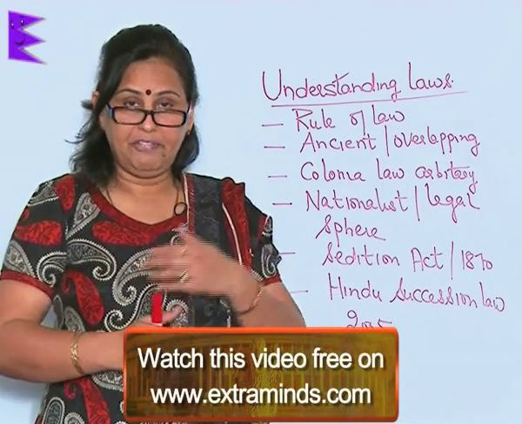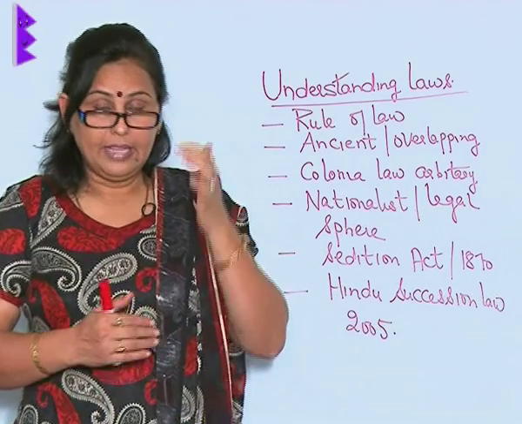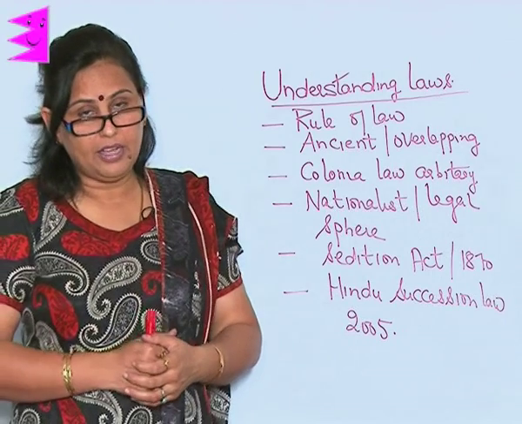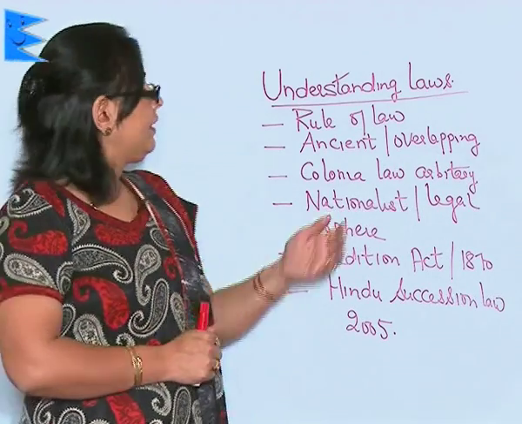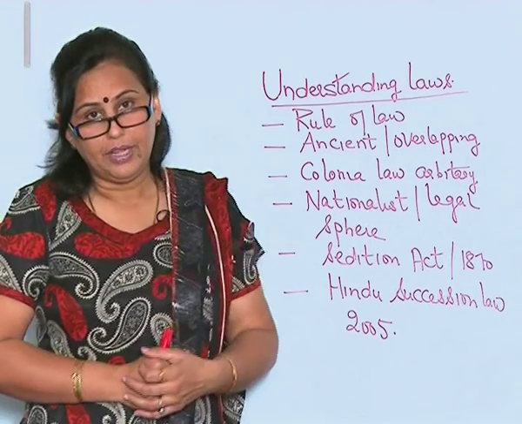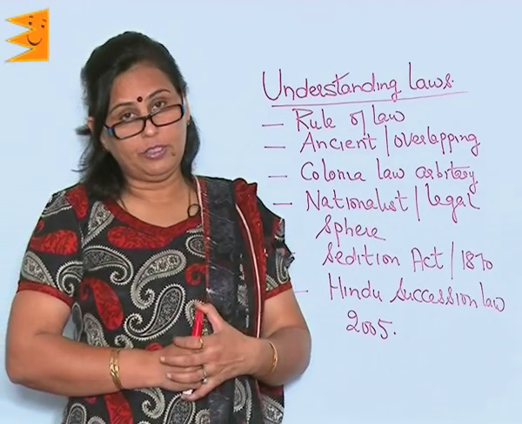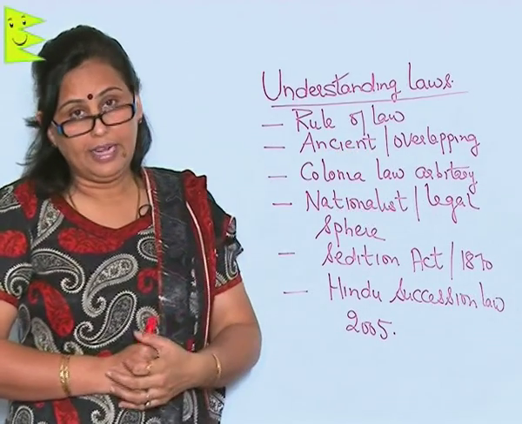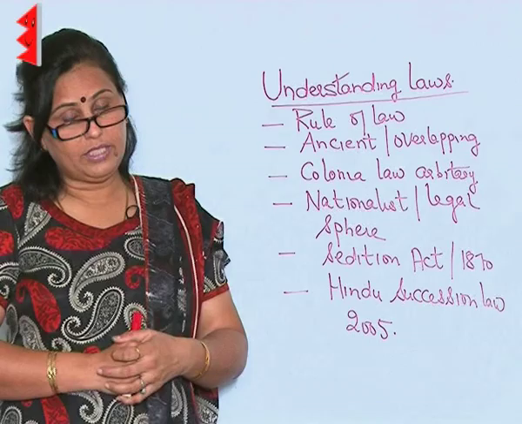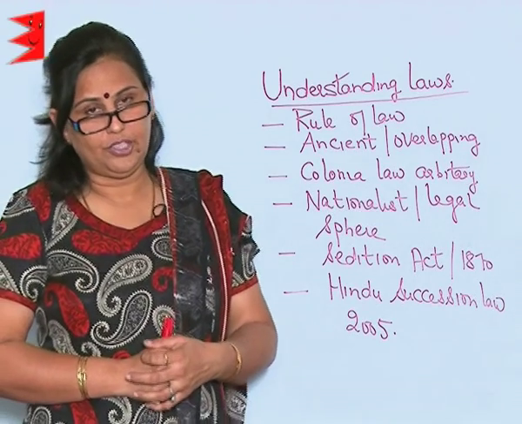And the laws were framed in such a manner that the people of the higher caste enjoyed more privileges. But this has changed now, and many historians feel that the rule of law, that is the equality of law, was started in India by the British.